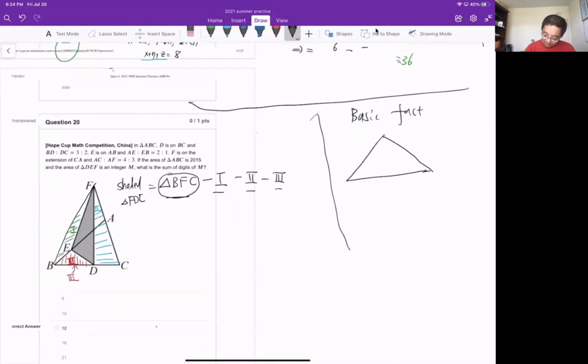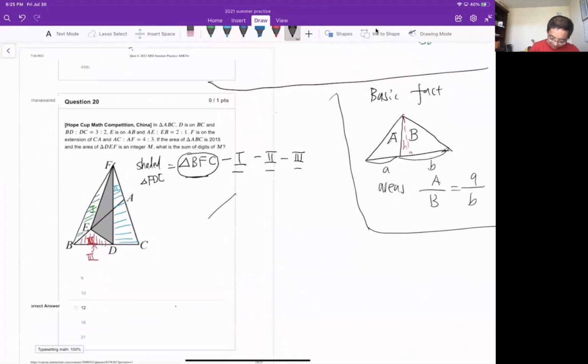If we have a triangle with part A and part B sharing the same height, then the ratio of the areas A over B is the ratio between their bases, because they share the same height. Now let's do it.